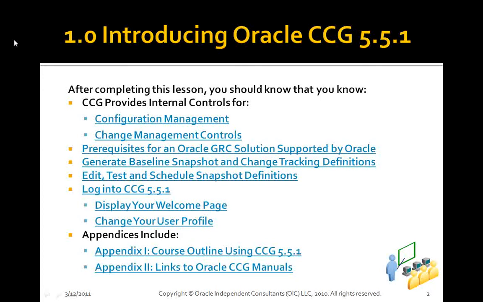CCG 5.5.1 must be installed on a physical server such as a Linux x86-64. Moreover, CCG must be configured with an EBS instance that does not use a RAC environment. Make sure that you review the Oracle GRC support matrix to ensure that your solution is supported by Oracle.